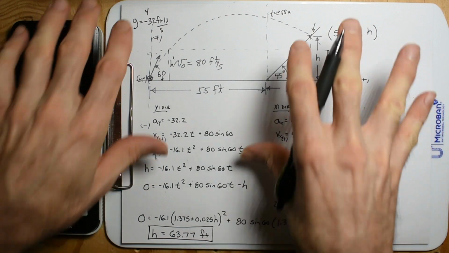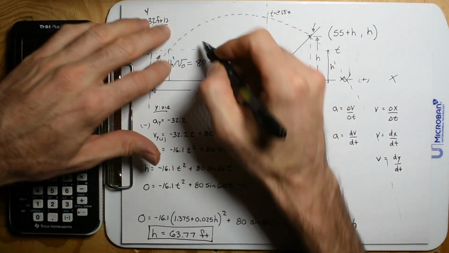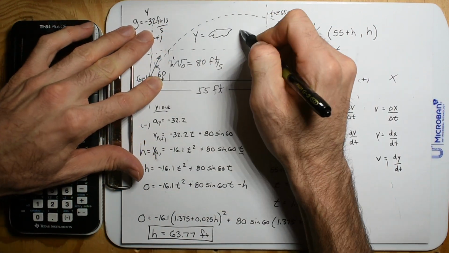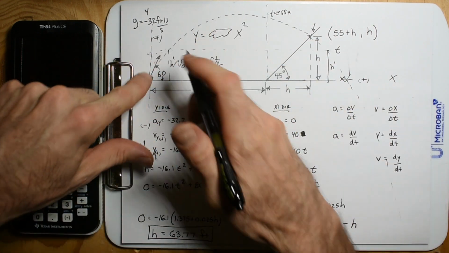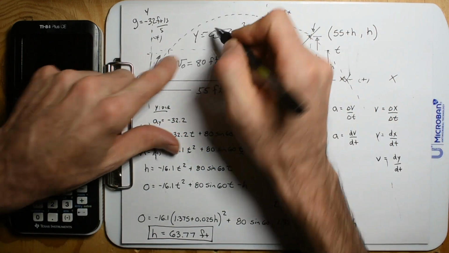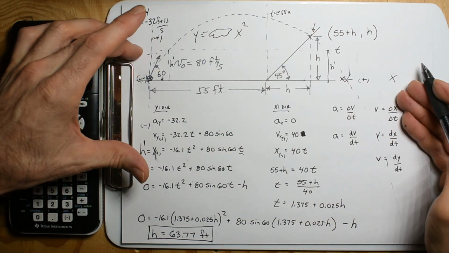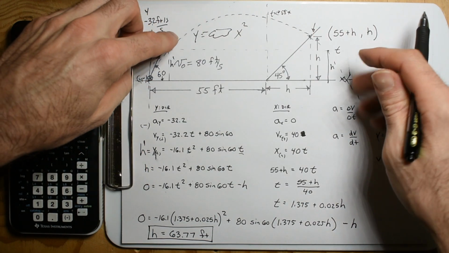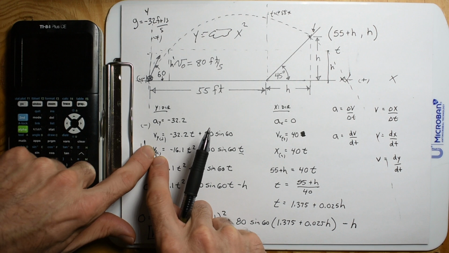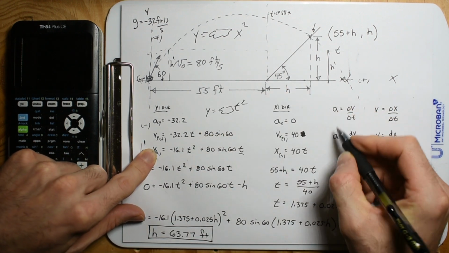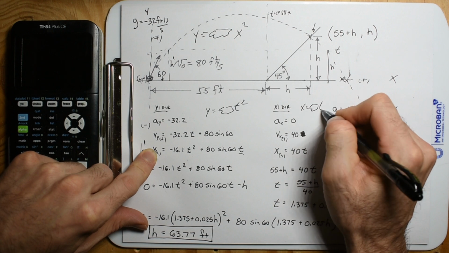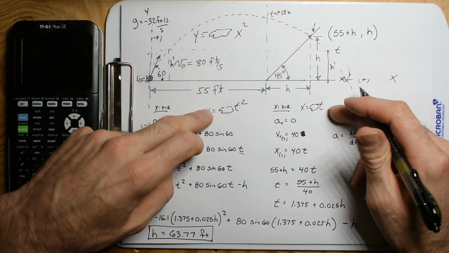So if I look at a side view of the football, this equation is y as a function of position squared, something something x squared, probably negative because it's upside down. But the equations we have are y is something something t squared, and x is something something t. So those are the equations that we have.